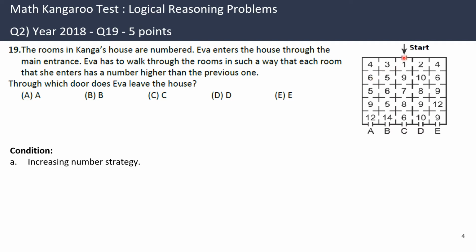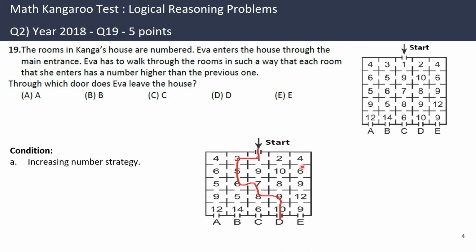Let's try another route. 1, 3, 5, 9. Stuck again. Let me try again. 1, 3, 5, 6, 7, 8, 9, 10. There you go. She can exit, and she did meet all the conditions of each subsequent room being higher.